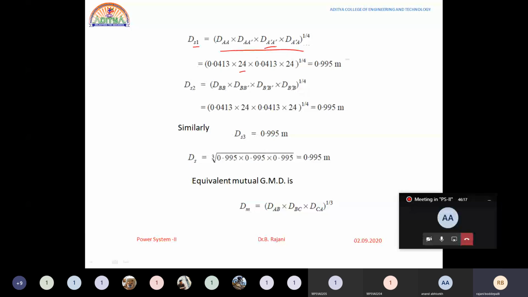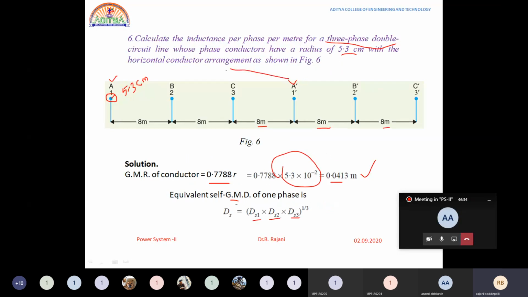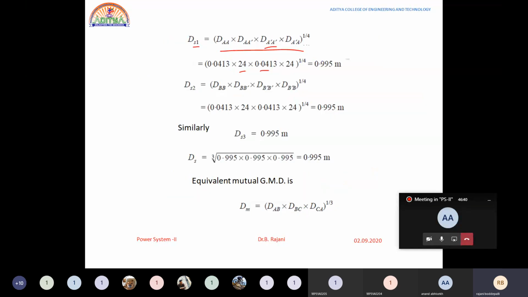A dash is again the self GMD, whose value is 0.0413, after substituting the value of R in 0.7788 into R. Then again D A dash A. What is the distance from A dash to A? This is in reverse. Again, A dash to A, it is 8 plus 8 plus 8, that is again 24. So you have written 24 over here.